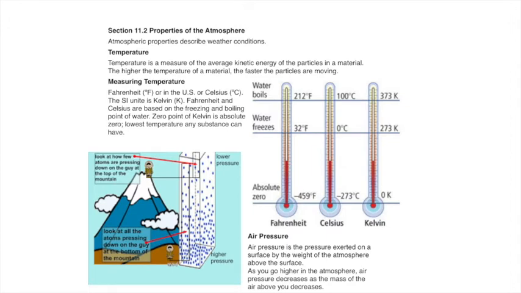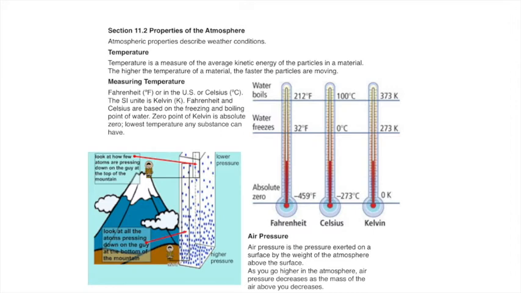So temperature really is the bumping together of particles. So as molecules bump into each other, they're going to have a higher temperature than before. You would normally measure, usually in science, in Celsius, which is a metric measurement.